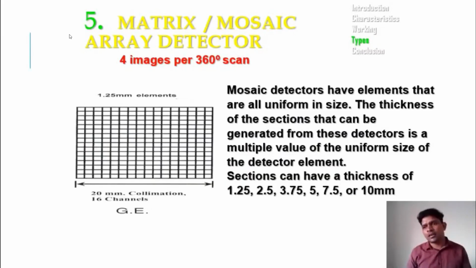Different slice thicknesses can also be used. The minimum slice thickness is 1.25; multiplied by 2 means 2.5; multiplied up to 8 times means it will be 10 mm. So a minimum slice thickness of 1.25 mm and a maximum of 10 mm was possible. This was the benefit of the matrix or mosaic array detector which was used later.